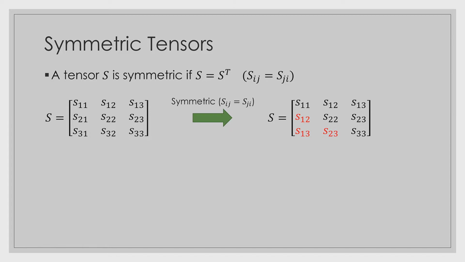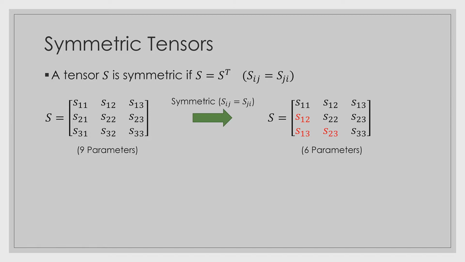So if we look here and we know that the tensor is symmetric, then those parameters in red, the S12, the S13, and the S23, we already know because it's symmetric. And this is why this is such an important concept. I know Dr. Sam really harped on this in class, that symmetric tensors are very important. Well, this is why. If we had the tensor on the left, we have 9 parameters.